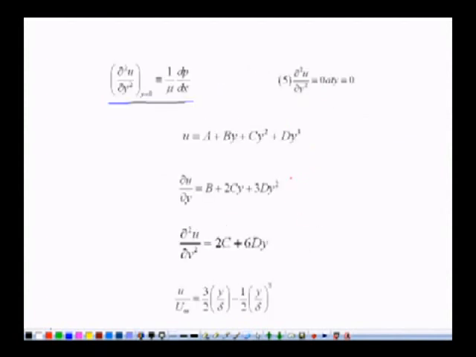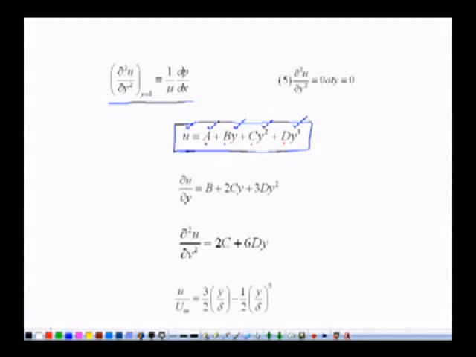We can assume the velocity profile with constants which can be evaluated with the help of the boundary conditions. u varies in this manner: a plus by plus cy square plus dy cube. So we assume such a polynomial having 4 constants. These 4 constants can be evaluated with the 4 boundary conditions.